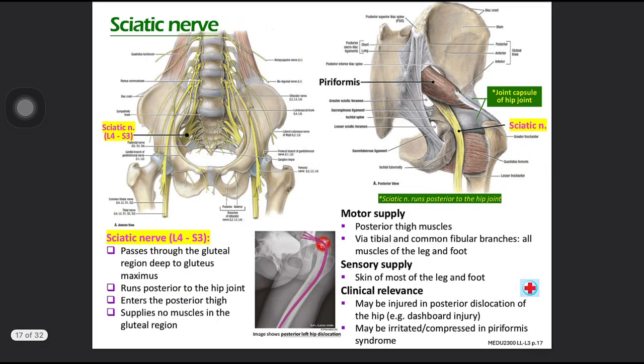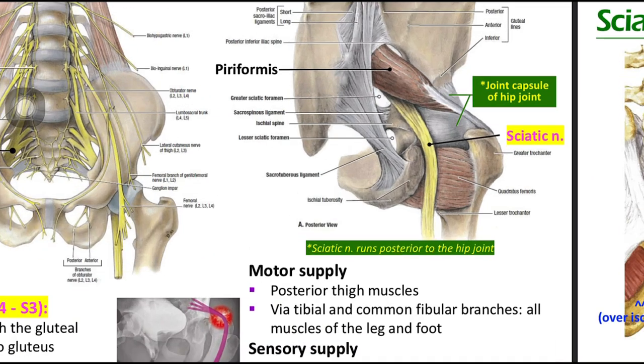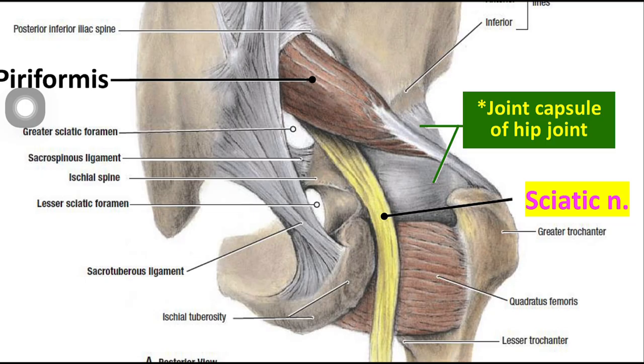So we have the sciatic nerve here, L4 to S3, which passes through the gluteal region deep to the gluteus maximus and runs posterior to the hip joint. So this is the hip joint, and this is the nerve. It runs posterior to the joint capsule of the hip joint.